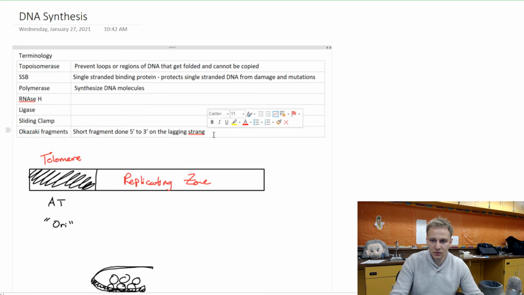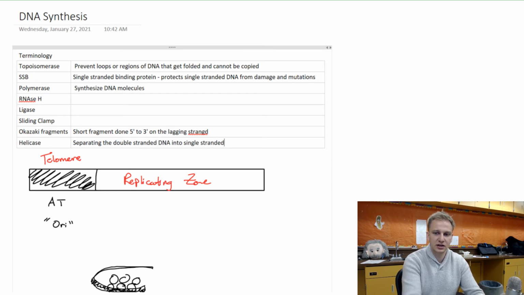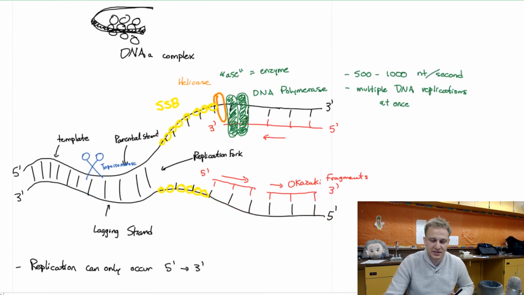We'll add one more and call it helicase, and that'll be separating the double-stranded DNA into single-stranded. And usually it's carried along with this DNA polymerase here.